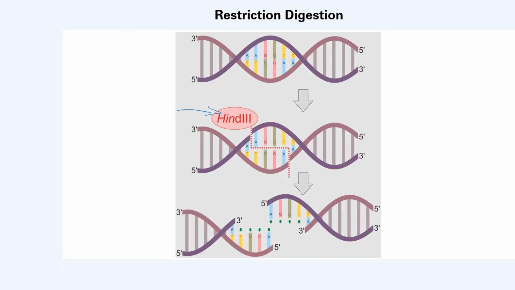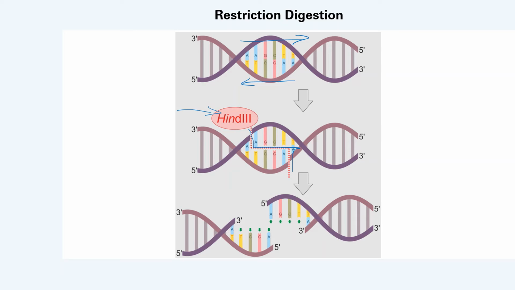That means if you read it from this side or this side, they are going to read the same. So these palindrome sequences, when they are read by these restriction enzymes, will be recognized and cut in a pattern.